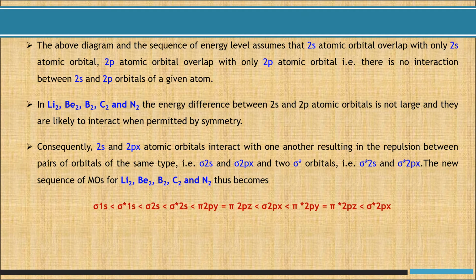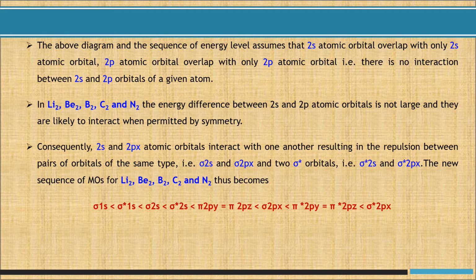Consequently, 2s and 2px atomic orbitals interact with one another, resulting in repulsion between pairs of orbitals of the same type, that is sigma 2s and sigma 2px, and the two sigma star orbitals, that is sigma star 2s and sigma star 2px.